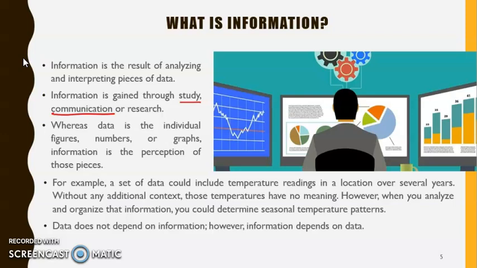Or information is gained through research. So you have a big amount of data and you start doing research on those type of data to create some sort of information from them.